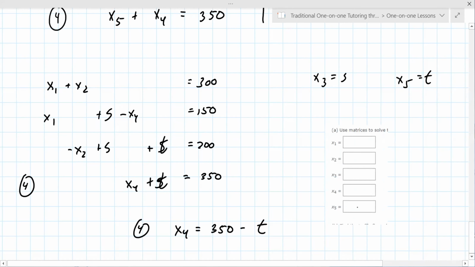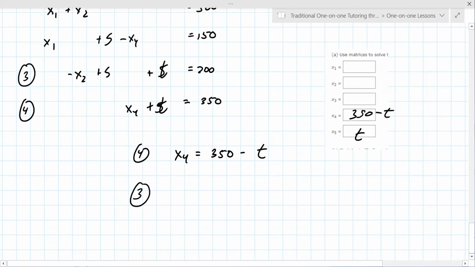X5 is t, X4 is 350 minus t. Now if we go to equation 3 to solve for X2, you move the 200 left, and it becomes X2 equals s plus t minus 200.